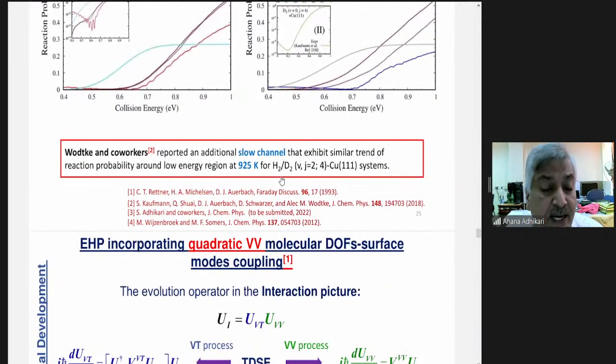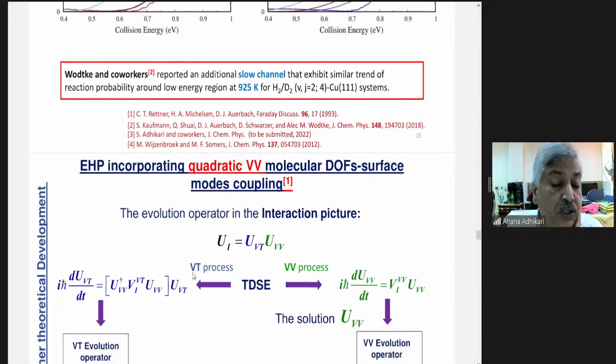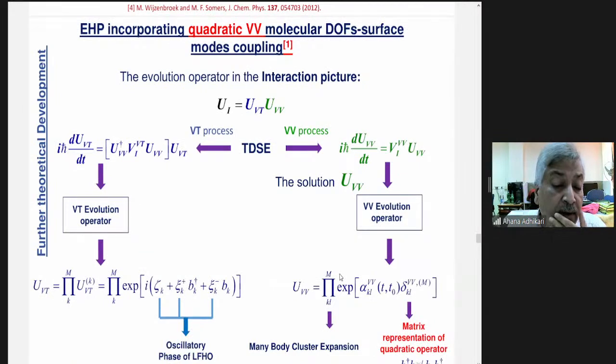Now, very fast, I can tell you, this is some kind of approach when you handle a second order term. If you consider the second order interaction potential and the evolution operator, you have the VV and VT terms. If you substitute into the time dependent Schrodinger equation in the evolution operator form, you get this kind of Schrodinger equation, and then you will have the evolution operator for the VT.